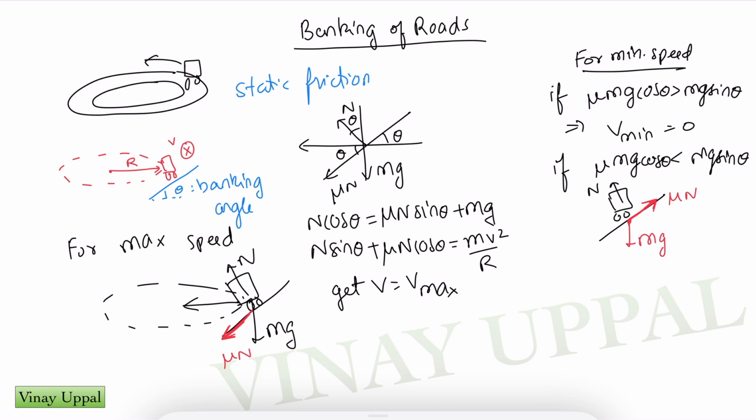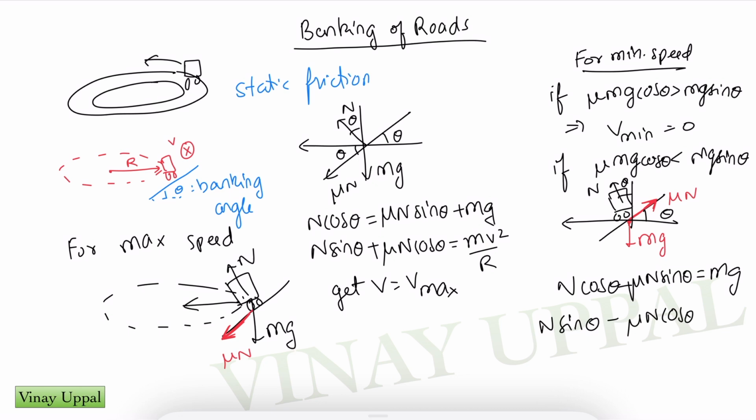Just balance the forces in the vertical direction. This time you will have n cos theta plus mu n sin theta is mg. And in the horizontal direction, to the left, I'll have n sin theta minus mu n cos theta is mv squared by r. And then once again, you can divide and get the minimum speed.